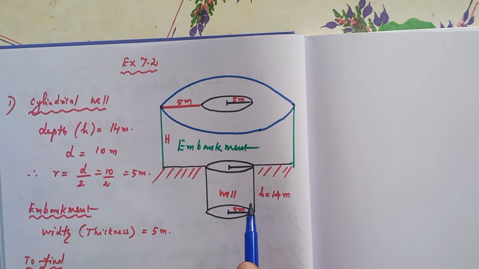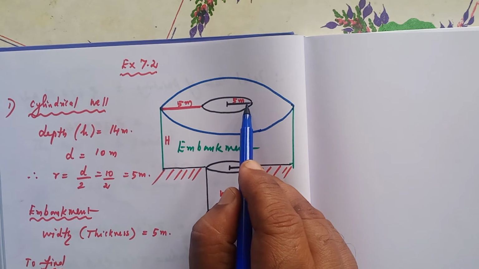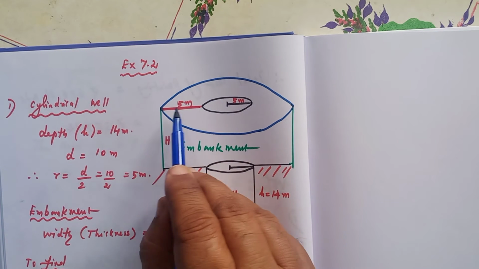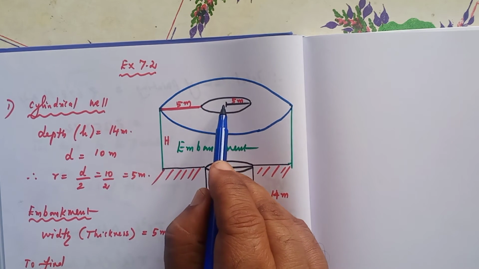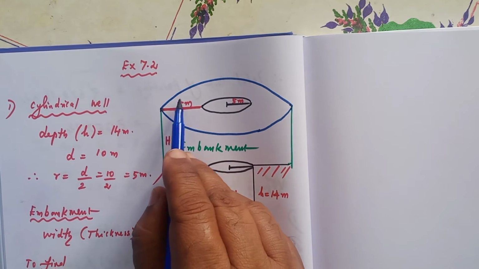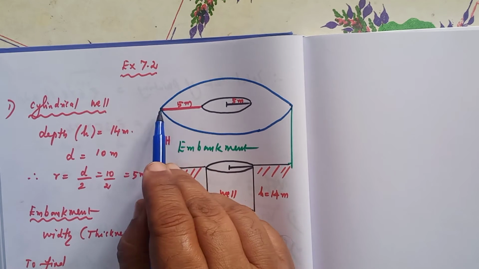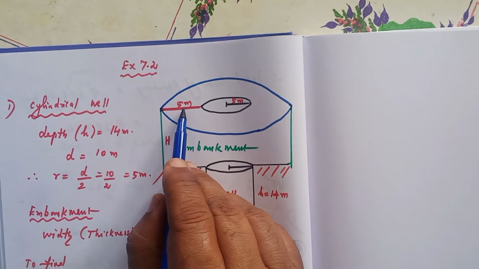You have to find out the capital R. From here to here, internal radius, that is small r, 5 meter. From here to here, that is external radius, that is 5 plus 5, 10 meter. Because you are given the thickness, that means capital R minus small r. Width and thickness are same. Thickness is equal to 5 meter.